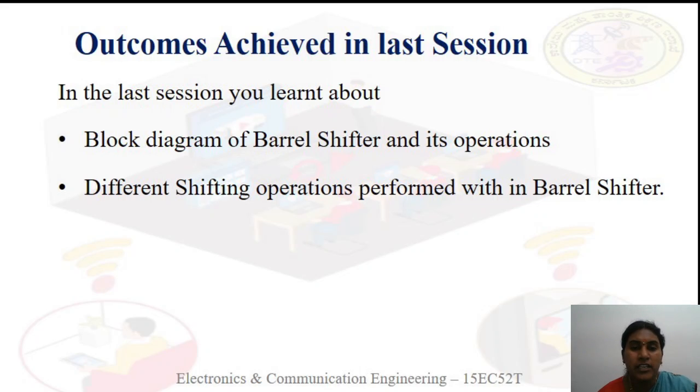Then this barrel shifter is mainly used to increase the power as well as the flexibility of an ARM controller. Then this barrel shifter in our ARM processor will be used to perform 5 different shifting operations, namely logical shift left, logical shift right, arithmetic shift right, rotate right and rotate right extended.